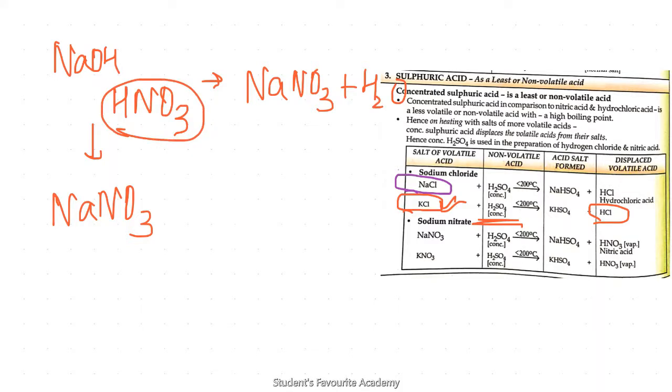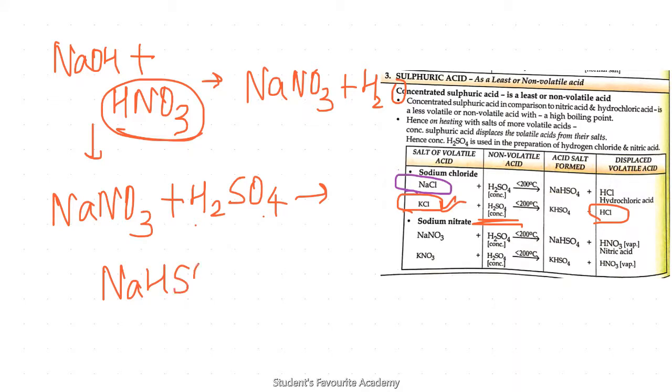The base in the production of NaNO3 was NaOH, and the acid involved was HNO3. Now when this NaNO3 is reacted with H2SO4, the same thing is happening, children. This HSO4 minus forms a compound with Na, and the parent acid which was there is being liberated separately.